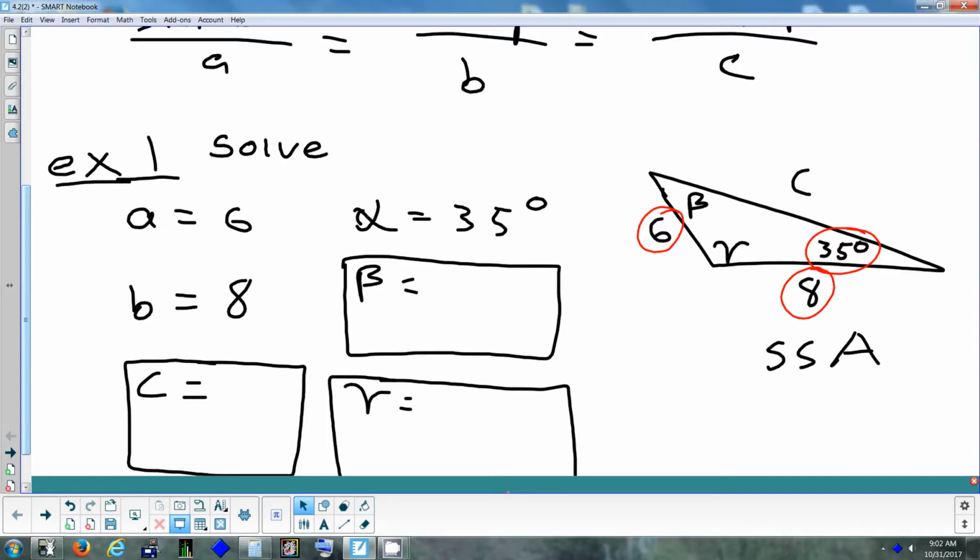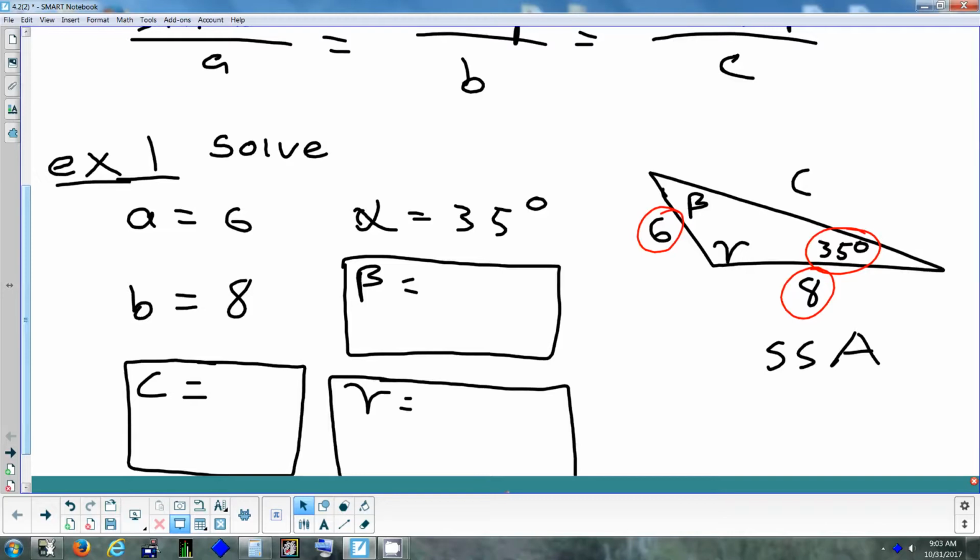It's important that we notice the angle they give me is not the one where the two sides meet. It's not the angle that's between the two sides. That would be gamma. If that was the case, it would be side, angle, side, and that's a problem we don't know how to do yet. That'll be tomorrow.